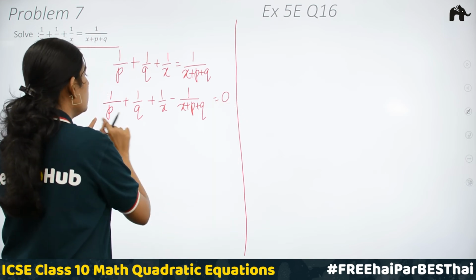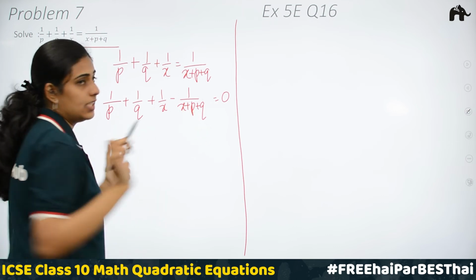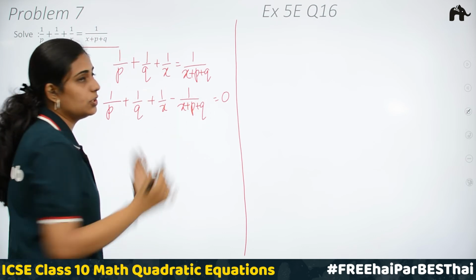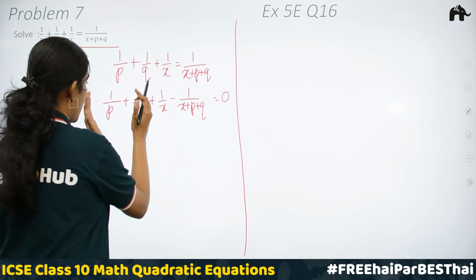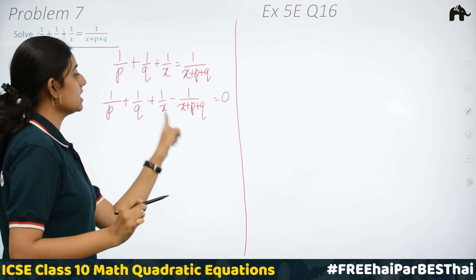Okay. Now, you can take the LCM by multiplying all these denominators. Now, I have grouped this into two parts. That is, first I will be taking LCM from these two and then LCM from these two.